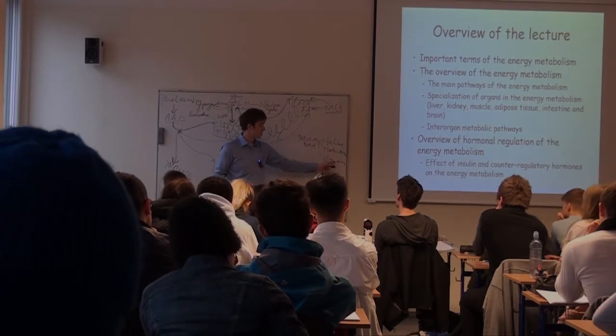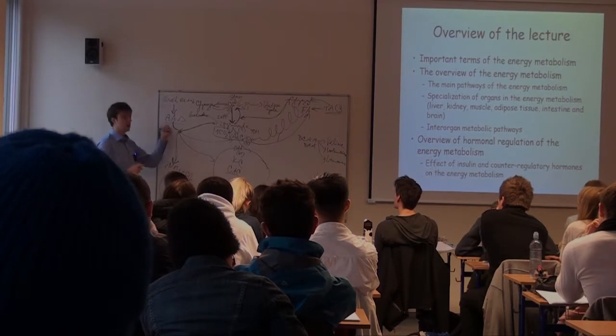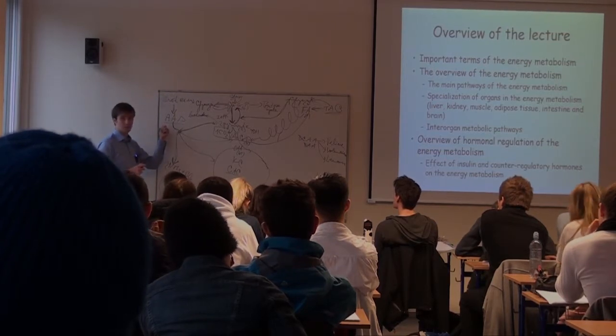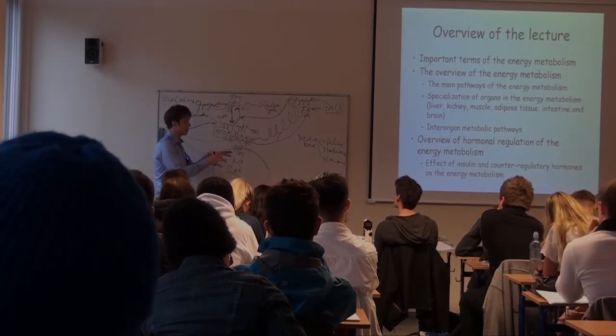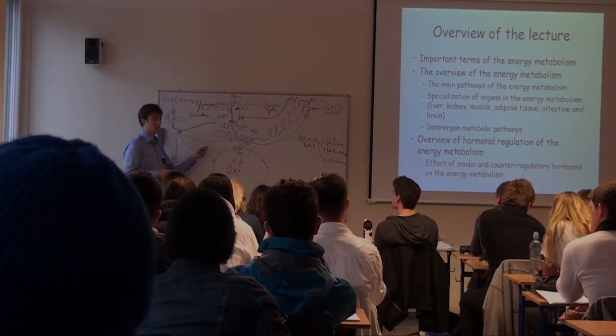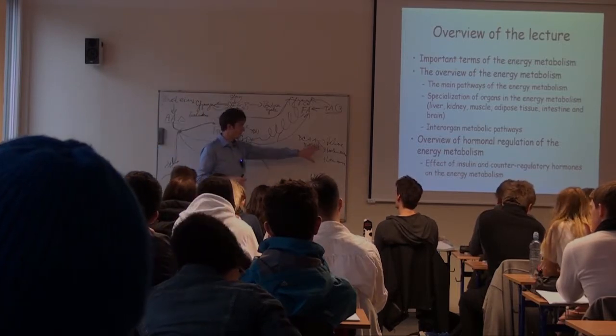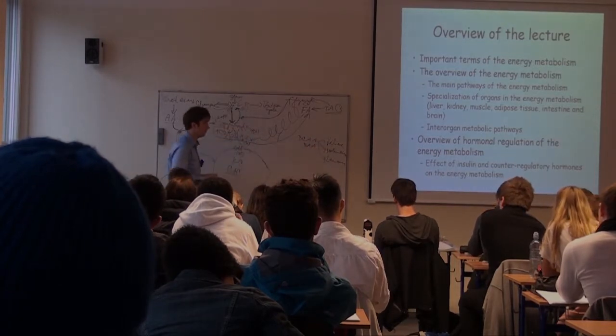And degradation of these amino acids starts in muscle cell. You change them to some intermediates, and then these intermediates go to plasma, and they are degraded in liver. But the first phase of their degradation is localized in muscle cell.